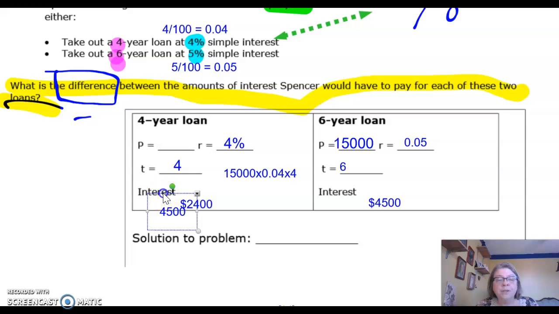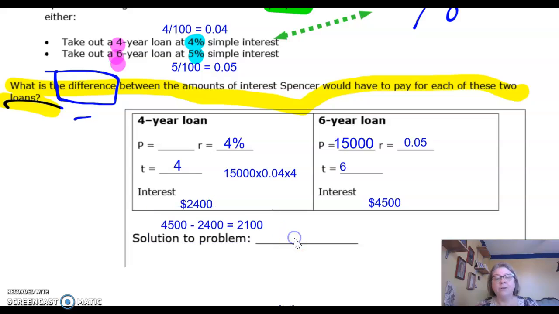So my solution to the problem is going to be 4,500 minus 2,400. And that equals, I'm going to say 2,100, but I'm not sure. 4,500 minus 2,400 equals 2,100.